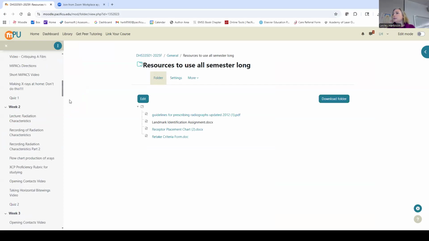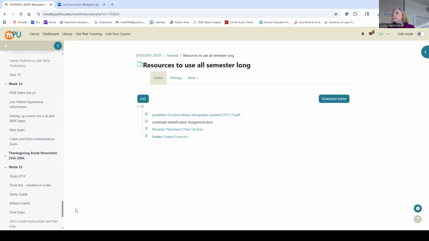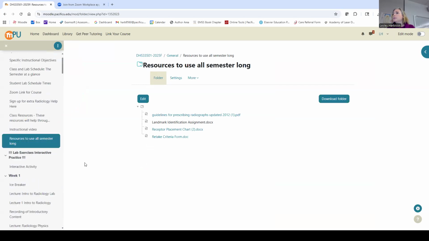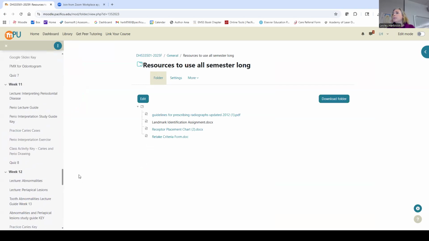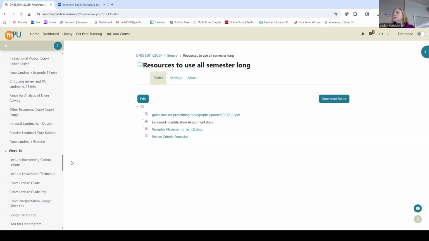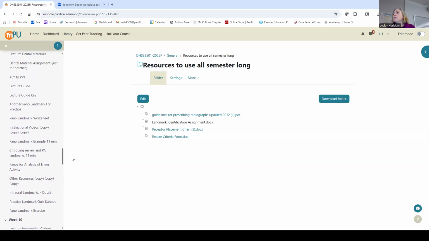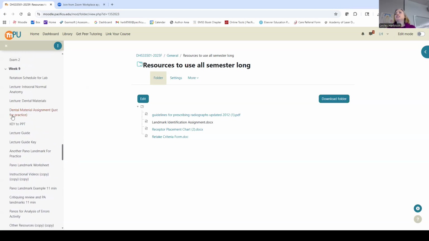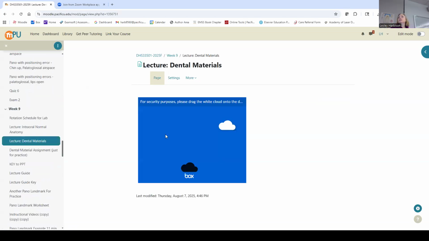It says key to PowerPoint. I'm pretty sure that's going to have your answers. Here's another dental materials practice thing, but the pictures aren't great. It's just for practice. That's probably not one of my favorite resources, but it's there.